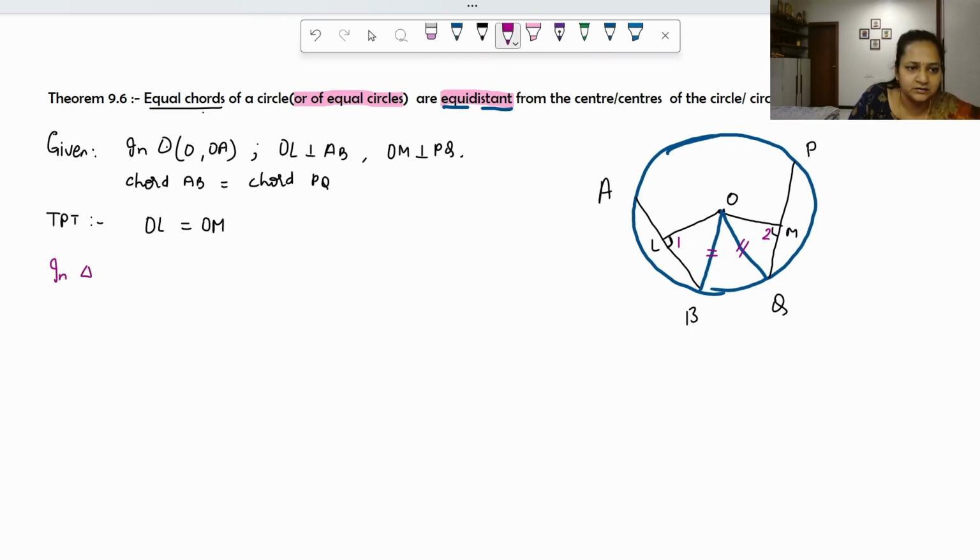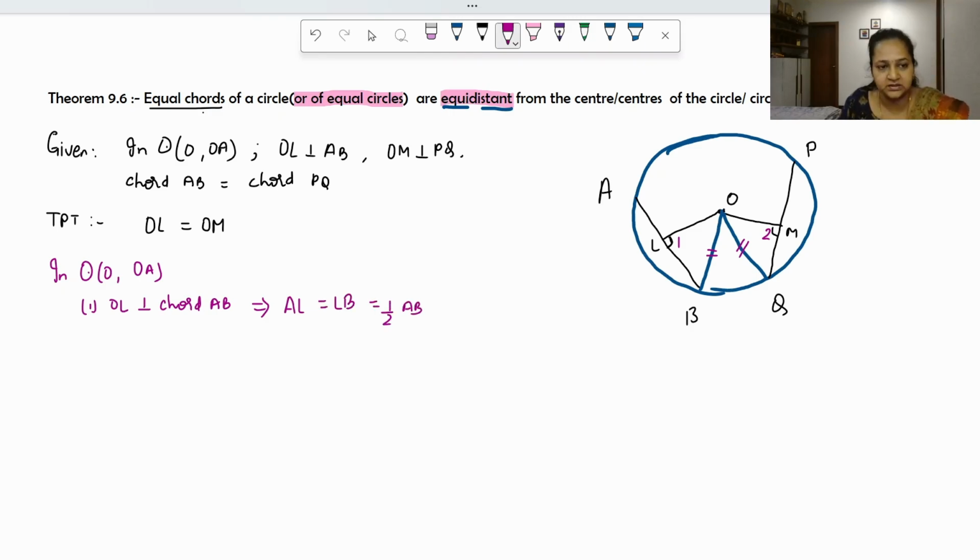in circle with center O and radius OA, OL is perpendicular to chord AB. This implies that AL is equal to LB is equal to half AB.